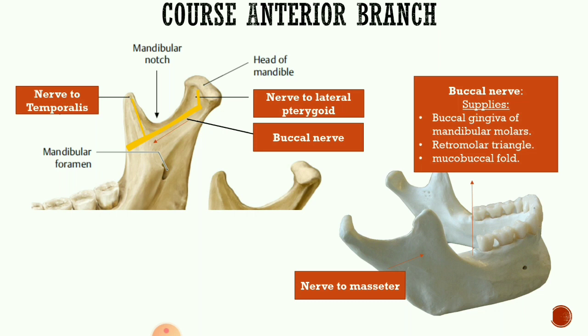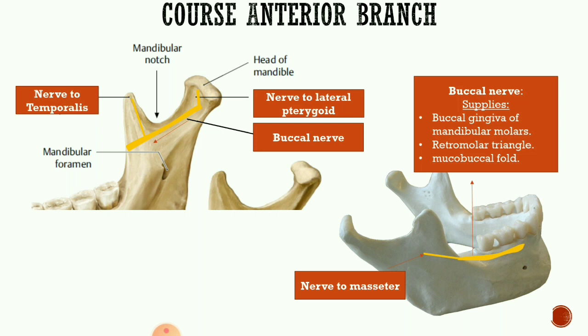Now concentrate on the next figure. After coming up over the anterior border of the ramus, it supplies the masseter muscle. We all know that the masseter is inserted over the ramus of the mandible. So after giving up one branch to the masseter muscle, it further continues to supply the buccal gingiva of mandibular molars and its mucobuccal fold.